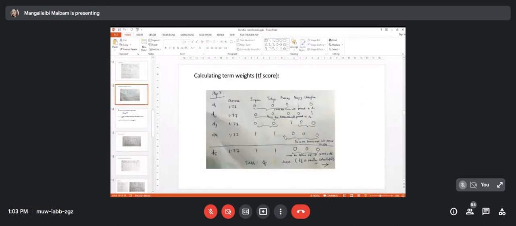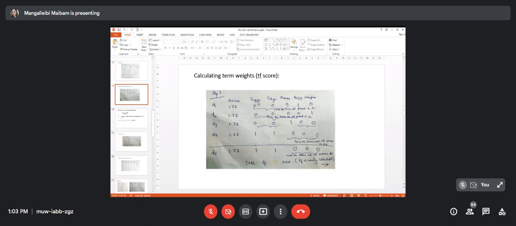Those values are substituted in this table. All the TF values are calculated and substituted in the table. If the term frequency is 0, there is no need to calculate; directly we can write zeros here.